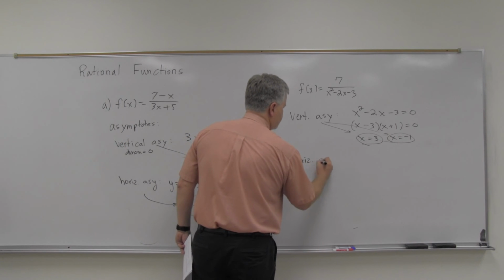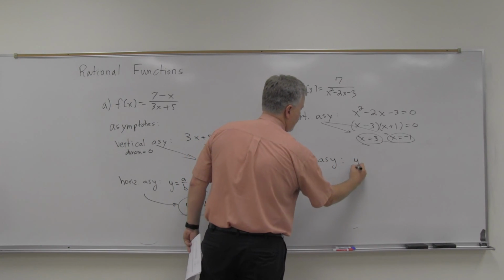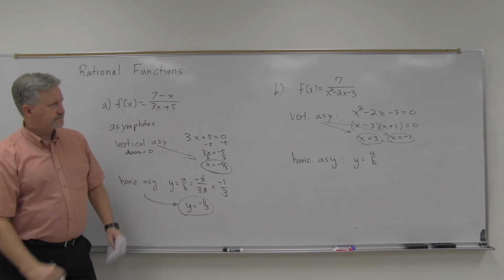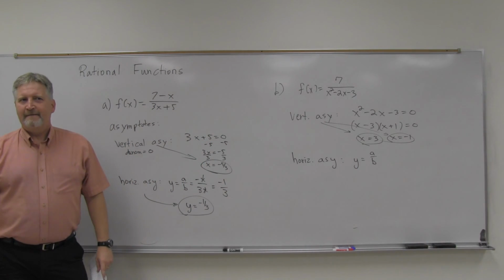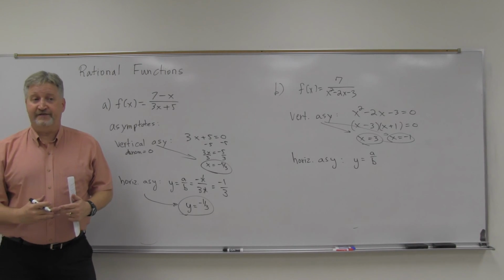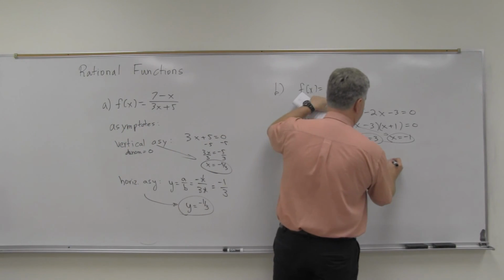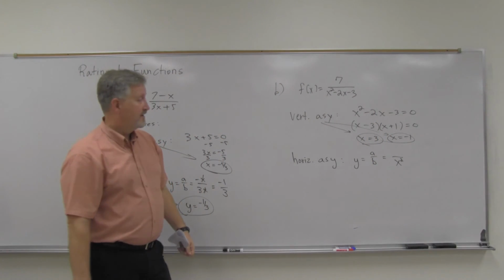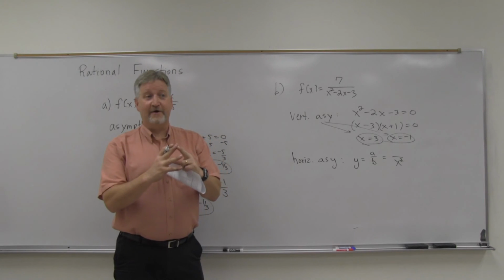And then the horizontal asymptote, well, that's where we have to make a little bit of provision here. To do this a over b, the degrees have to be matching. Well, the degree of the denominator is x squared. Does the top have an x squared? No. However, I could fill that in with 0x squared, couldn't I?